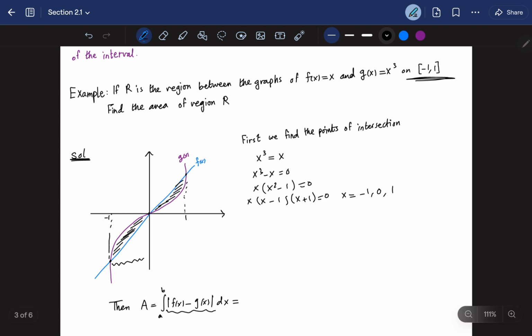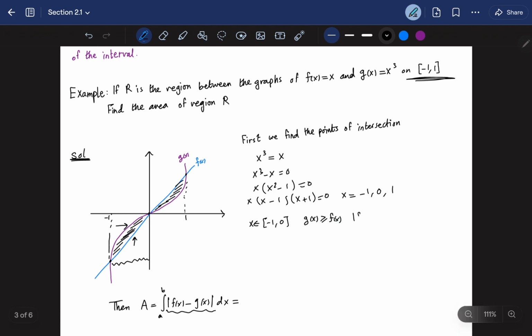So from -1 up to 0, if you can see, the purple curve is above the blue curve, which means that on this interval, g is bigger than f of x.